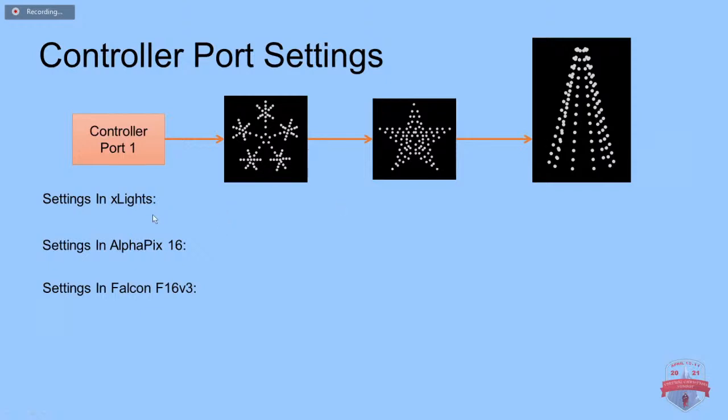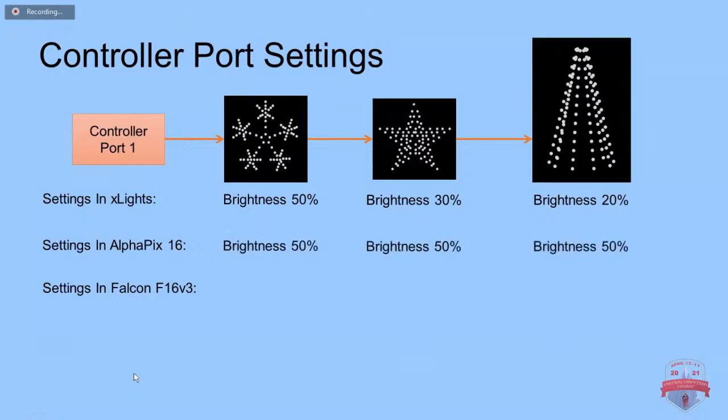So in xLights, if we set the brightness to 50 on the first model, 30 on the second model, and 20 on the third model, if you have a controller like an AlphaPix or a HinksPix or some of the older style controllers, there's no way in the controller for it to do different brightnesses per model. So what the controller has to end up doing is in xLights, we just take the brightness of the first model, and that's going to be the brightness of all of the models on that controller port.